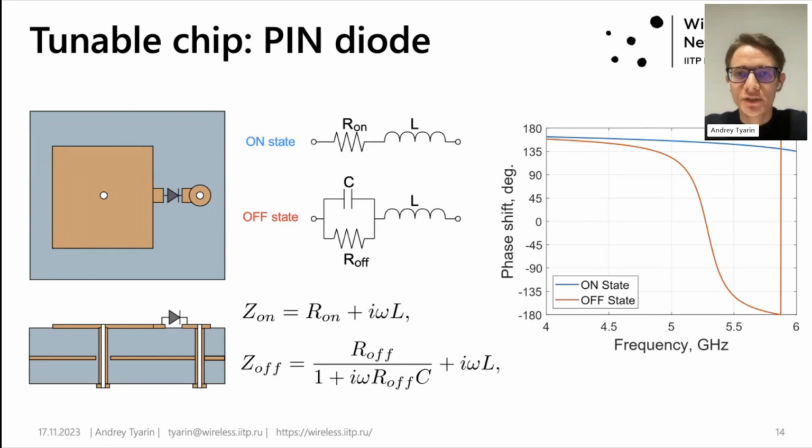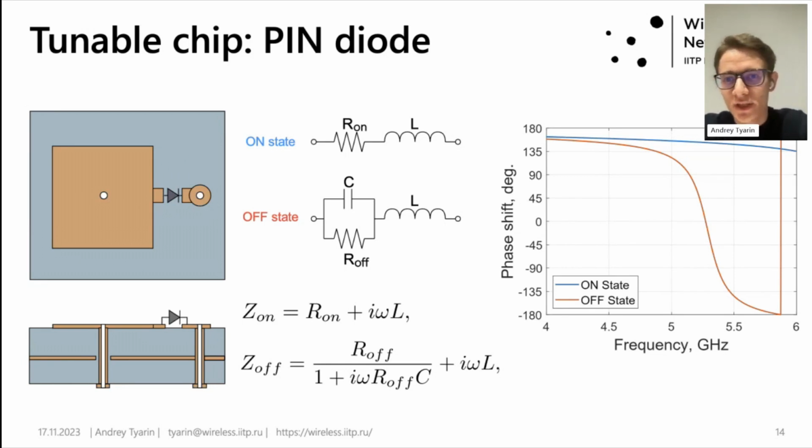Here you can see the equivalent scheme and impedance for each pin diode state. One of the key advantages of pin diodes is their low control voltages, which are typically under 5 volts. When the diode is in the on state, the current through it is around 10 milliamps, while in the off state, the current consumed is negligible.